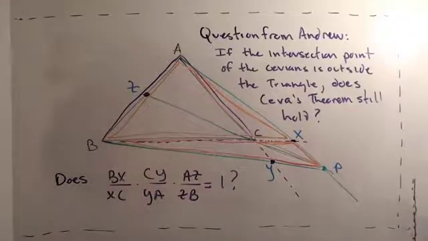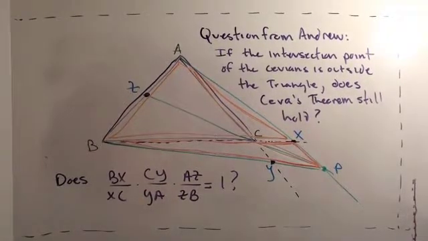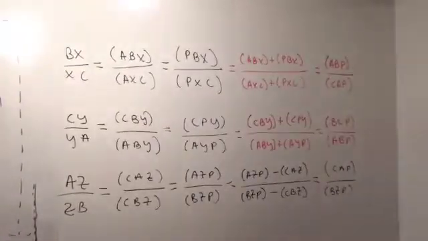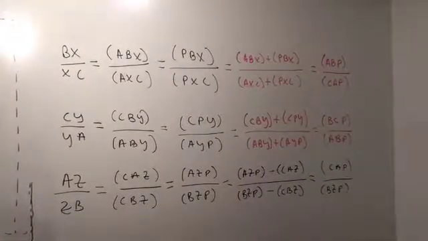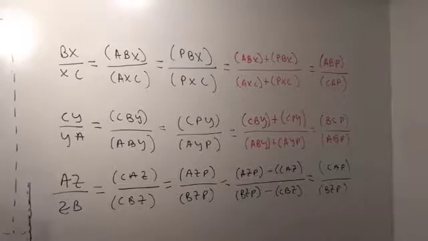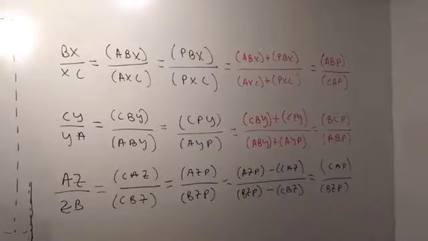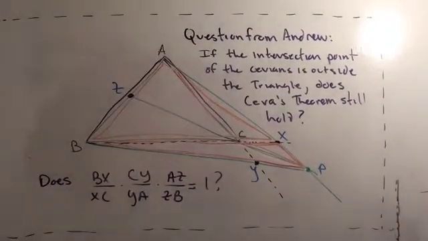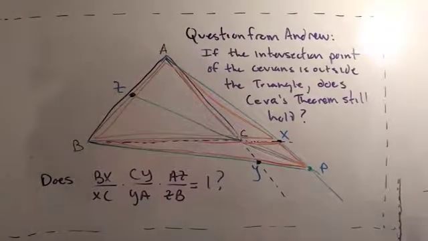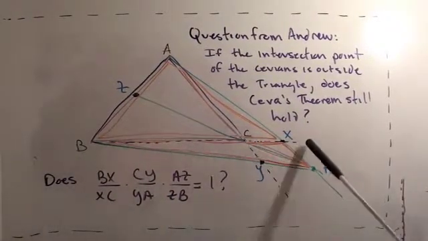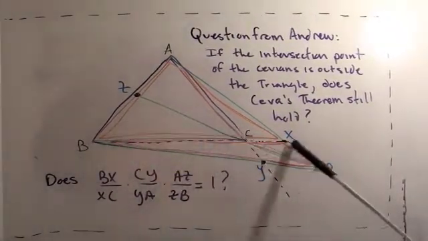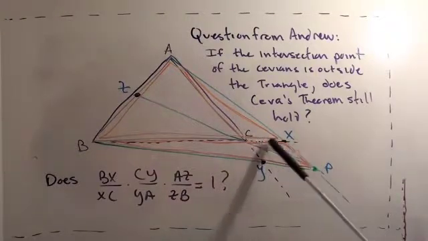So, following the notation in the proof of Ceva's theorem the first time around, and if I put the camera over here, you can see what I'm going to try to do. We're going to take a look at what BX over XC equals. BX is this line here, and XC is this small line here.